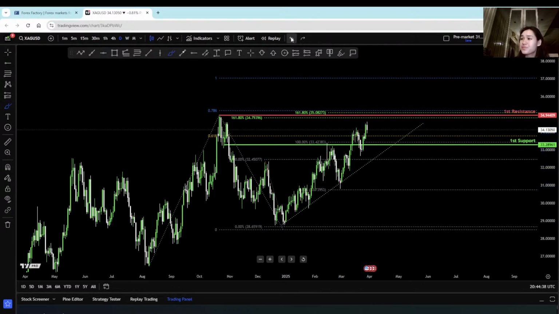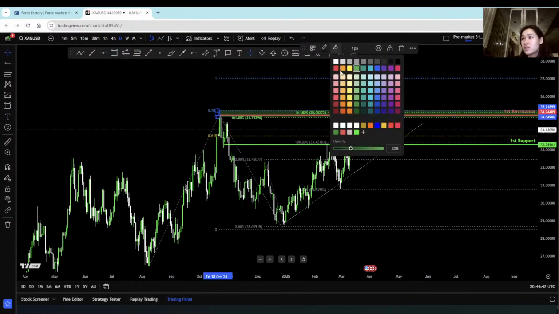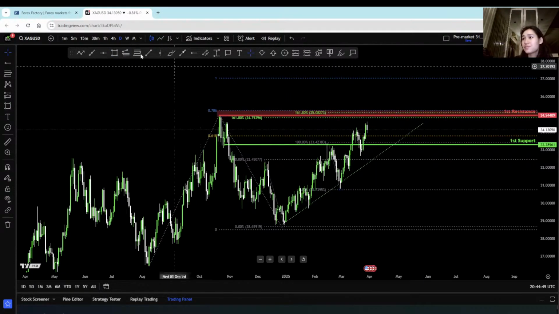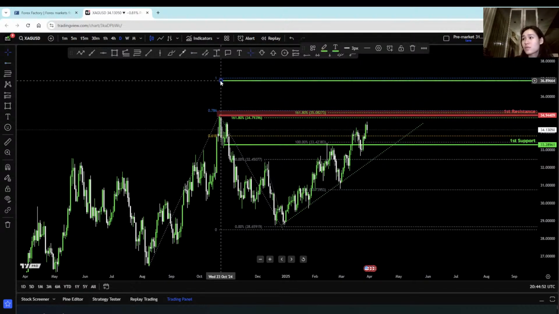Okay, so I'm gonna add a huge confluence area here.